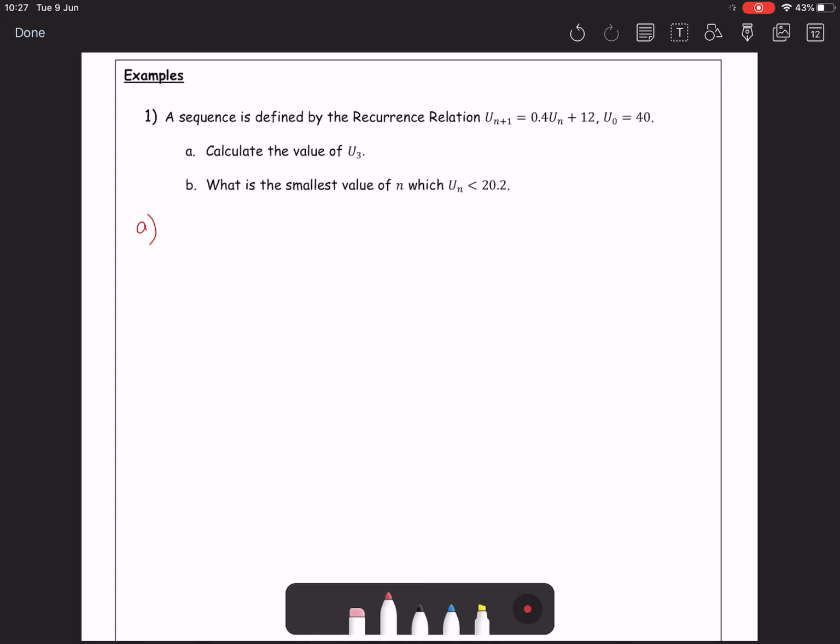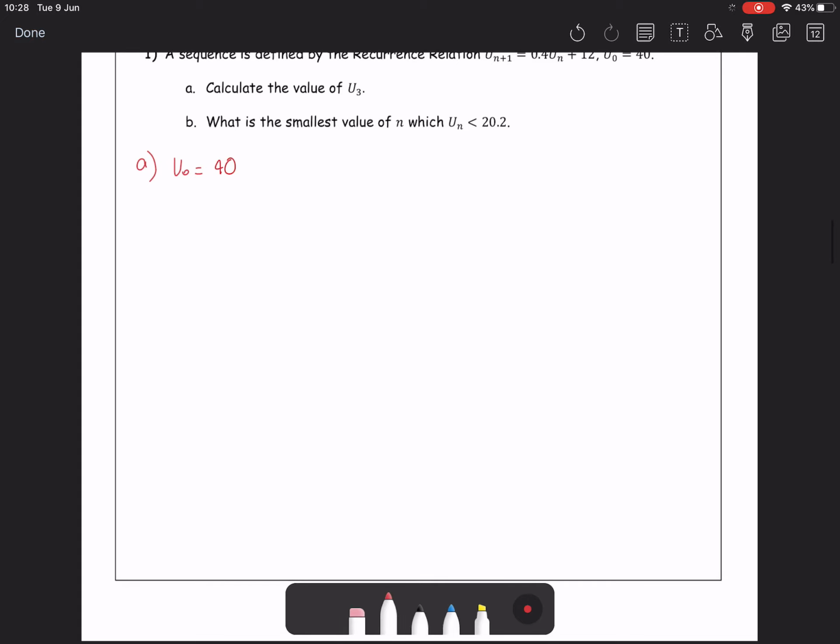Again, I'm going to set this up on my calculator and talk you through as much as I possibly can. Let's have my u naught value written to begin with, because that starts my sequence. My u1, my first value in the sequence, is going to be 0.4 times my u naught value plus 12.